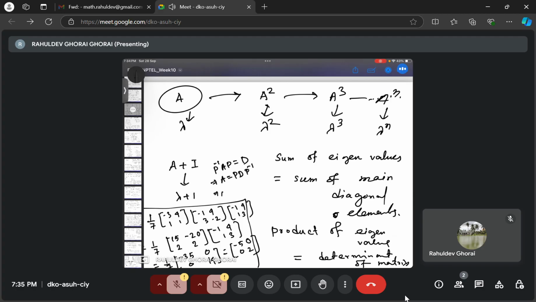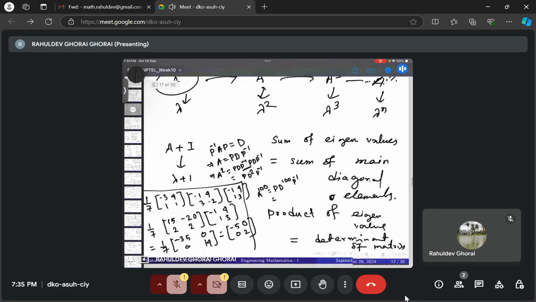And now if you take A square, that will be P D P inverse times P D P inverse, and these two in the middle will vanish, and then you will get P D square P inverse. So similarly, if you want to find A to the power 100, it will be P times D to the power 100 times P inverse.